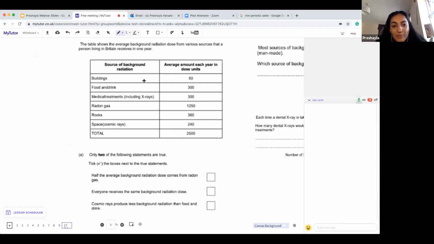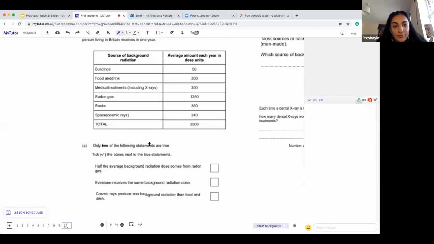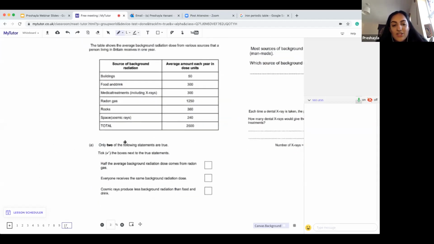So 50 from buildings, 1,250 from radon, similar to the table that we just saw. Now, only two of the following statements are true. A: Half the average background radiation dose comes from radon gas. B: Everyone receives the same background radiation dose. C: Cosmic rays produce less background radiation than food and drink.